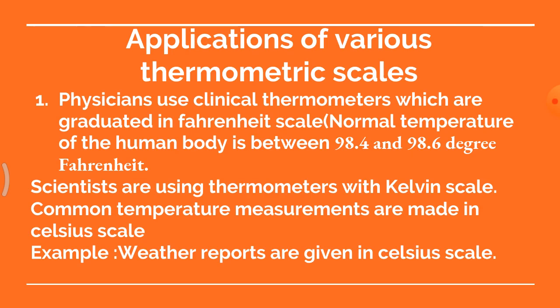Normal body temperature of a human body is between 98.4 and 98.6 degrees Fahrenheit. Scientists use thermometers with the Kelvin scale. Common temperature measurements are made in the Celsius scale. That is, weather reports are given in the Celsius scale.